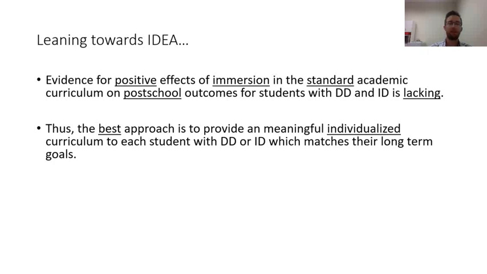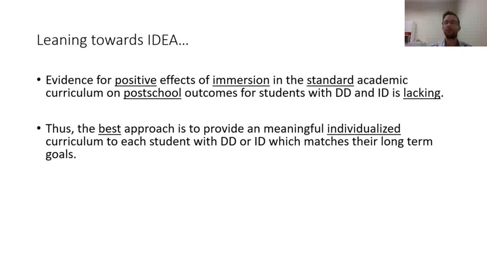Thus, they say the best approach is to provide a meaningful, individualized curriculum to each student with DD or ID, which matches their long-term goals. That is, individualized curriculum, meeting the student where they are currently, based on their current levels, the current context where they live and spend time, and addressing short-term goals, other intermediate goals that ultimately lead to long-term goals related to transitions.